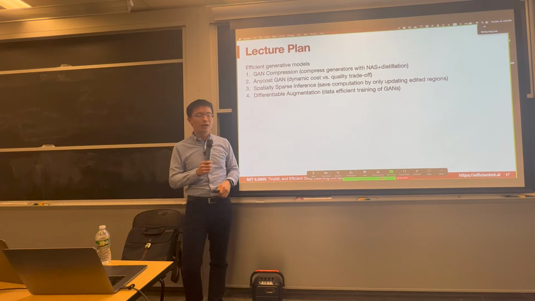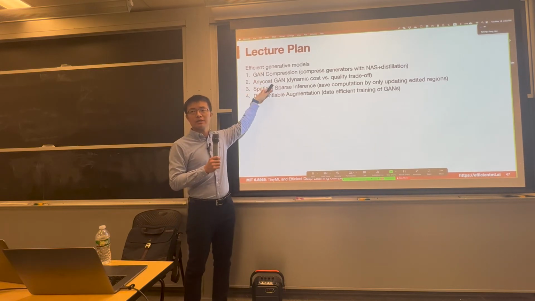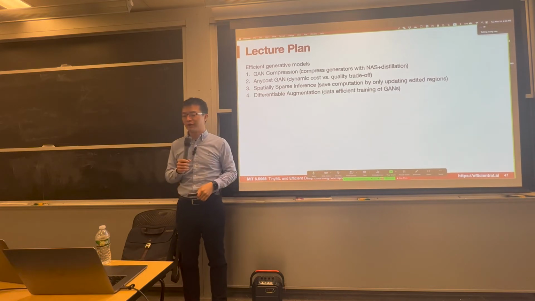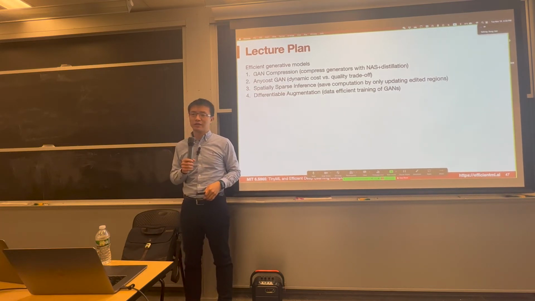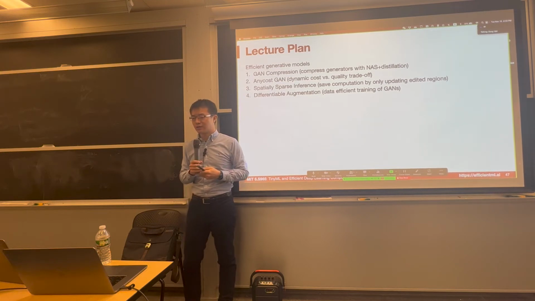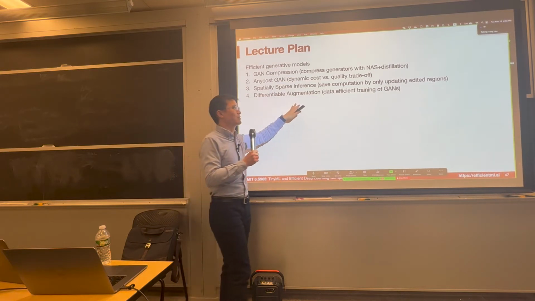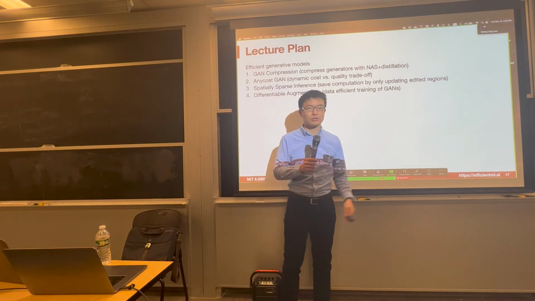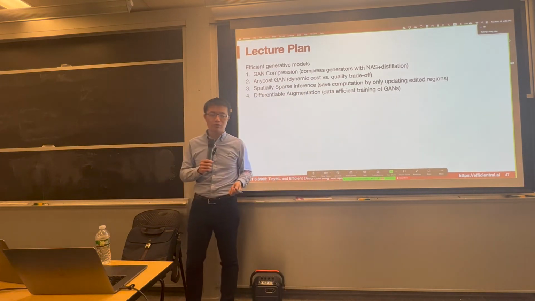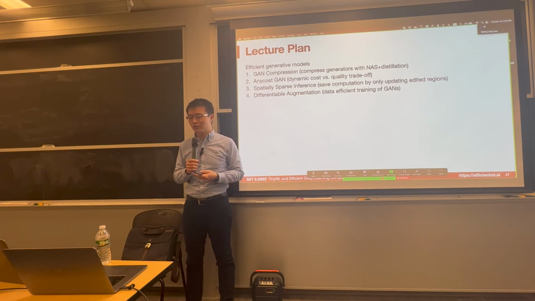Finally, apart from being computationally expensive, GAN models are also very data hungry, right? They require tons of images to train a single GAN model. So we'll talk about data efficient training. Just use maybe a couple of images. In our example, use only 100 images. You can train a photorealistic image. And that could be another good candidate for a final project.